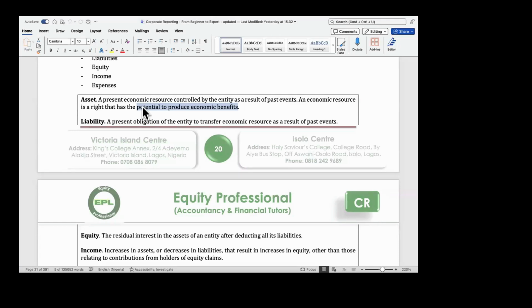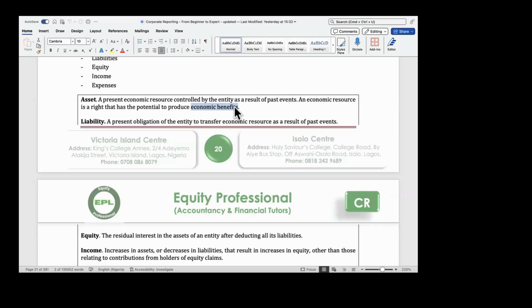When we say producing economic benefits, we are talking about the ability to make money for you, to make savings for you, to reduce your liability, something that is beneficial to you economically. When you have a right over it, it's likely that thing is an asset. Whether you can see it or not is not what is important.